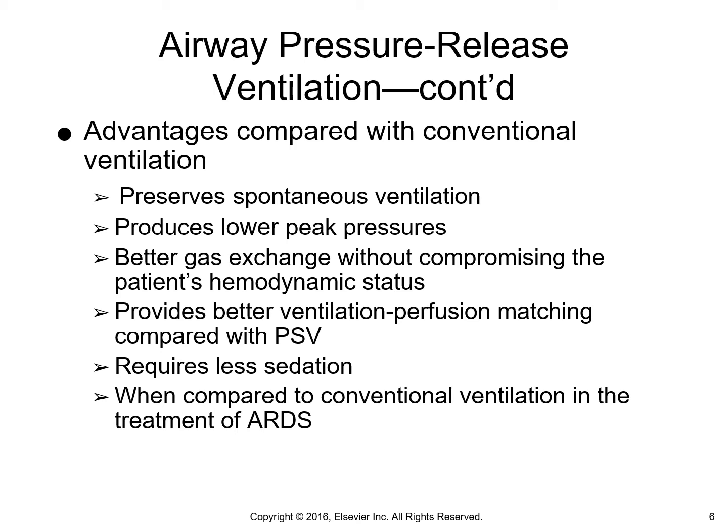That is interrupted with a brief time during that P low time, which can range from 0 up to 15. That's considered the release time, your T low. Both the high and low pressure levels are time triggered and time cycled when spontaneous efforts are not detected.